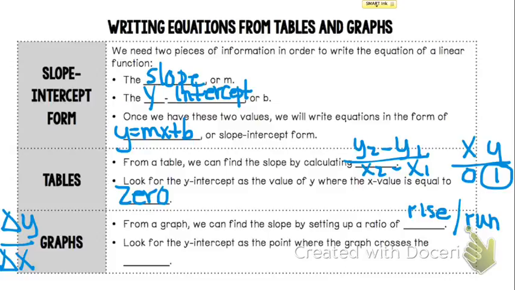So we're going to look for the y-intercept as the point where the graph crosses the y-axis. So just like if you have a graph, wherever it crosses is going to be your y-intercept. So that point right there would be your y-intercept, because it's crossing on the y-axis.